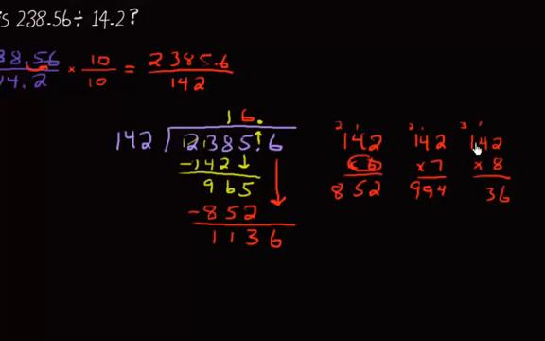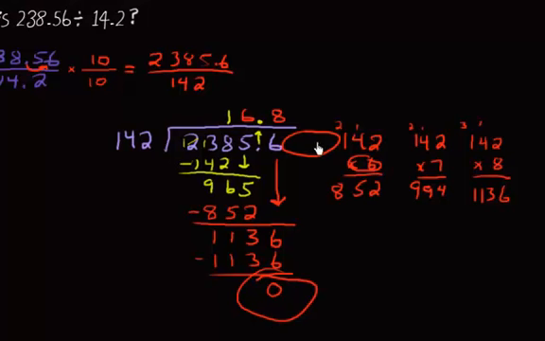And 8 times 1 is 8, plus 3 is 11. Well, look at that. It goes in exactly 8 times. So we'll put our 8 up here. 8 times 142, we just saw, was 1,136. We'll subtract. We get 0. Notice that we have 0, and we have no more digits. So that means we are done, and this is our final answer.